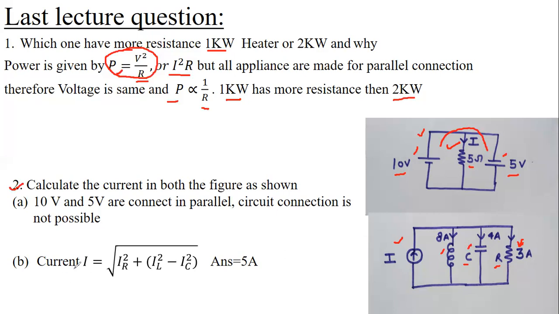So the value of current I is equal to root of IR square plus, let me correct it, IL minus IC whole square. From the formula, this is 3 square plus 8 minus 4 whole square. So the answer is 5 ampere.